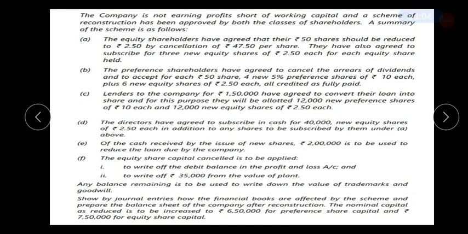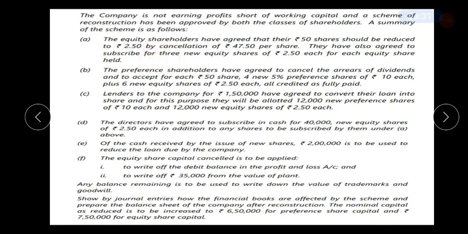A summary of the scheme is as follows. First, the equity shareholders have agreed that their 50 rupee shares should be reduced to 2.50 by cancellation of rupees 47.50 per share. They have also agreed to subscribe for 3 new equity shares of rupees 2.50 each for each equity share held.